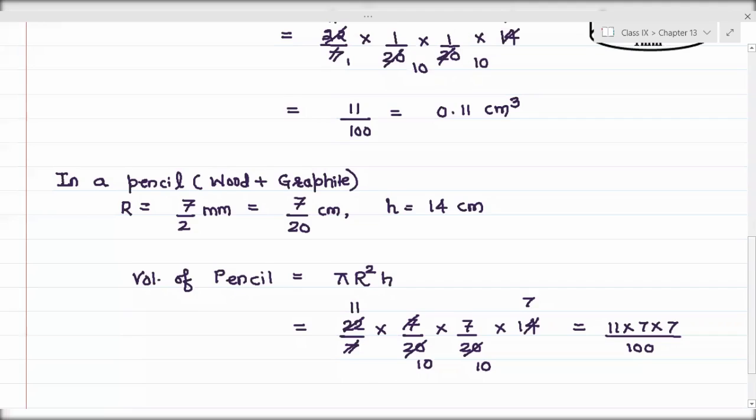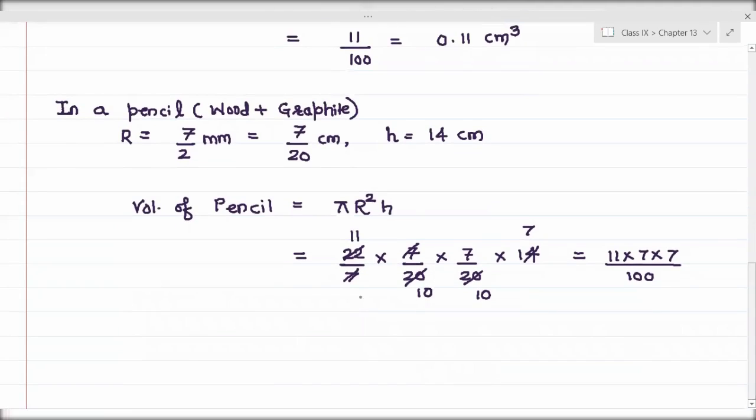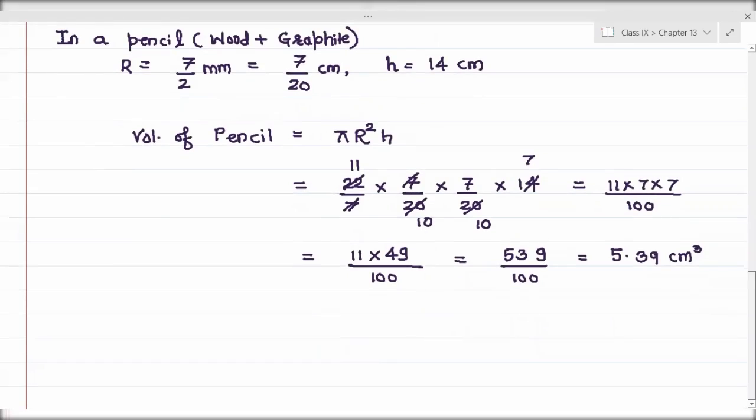Okay, 11 into 7, 77, or we can multiply 7 and 7, that is 49. So 11 into 49 upon 100. So 11 nines are 99, carry 9, 11 fours are 44, plus 9, 53. So 539 upon 100. So I think this will be 5.39 centimeter cube. So this is the whole volume of the pencil, including the graphite.